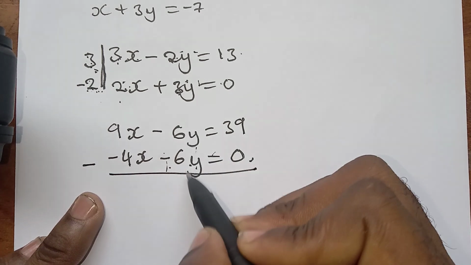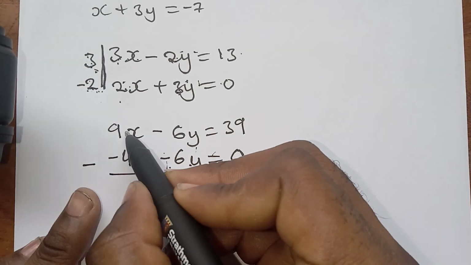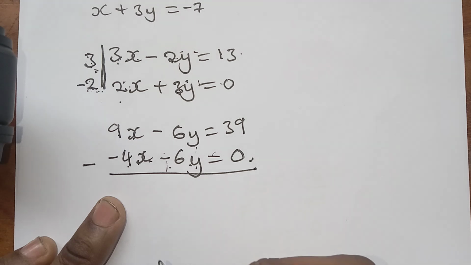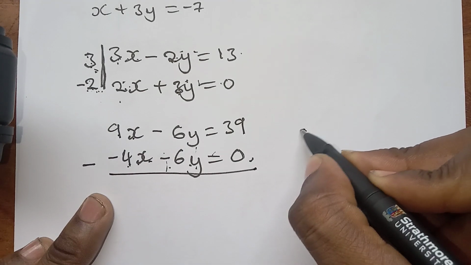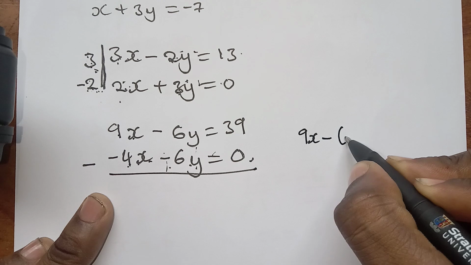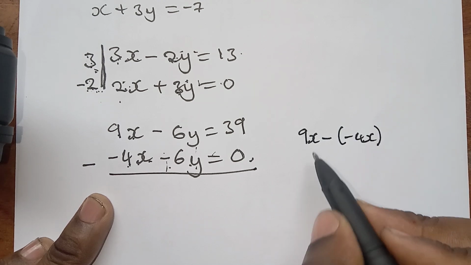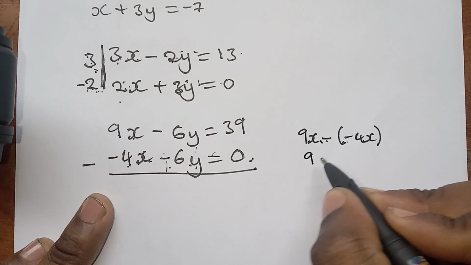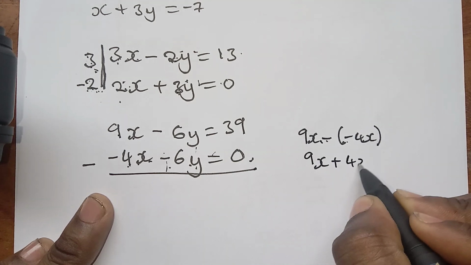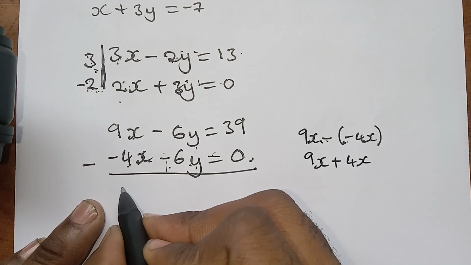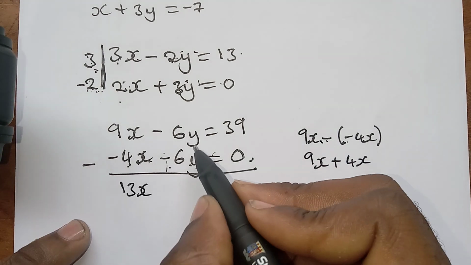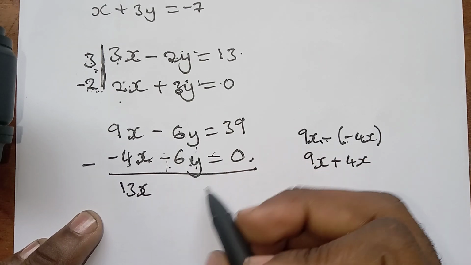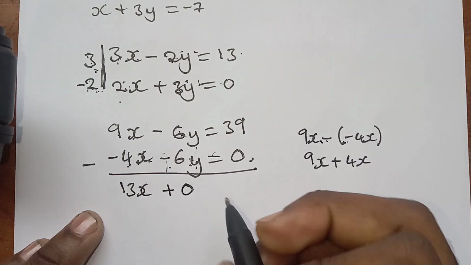To eliminate the y value, you can just say 9x minus -4x. So don't forget that we have 2 negative signs there. So that will be 9x plus 4x, which is 13x. And then this minus this, since these two are exactly the same, your answer will be a 0.